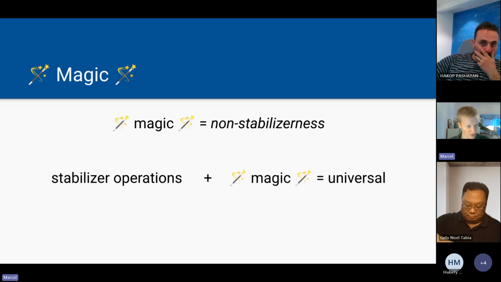Well, because it's well known that if we have stabilizer operations, we can supplement them with this resource of magic, maybe in the form of magic states, for instance, and that is sufficient to yield universal quantum computation. So this is the reason why people have, for quite some time now, wanted to study this resource of magic and understand how to quantify the magic in some states.